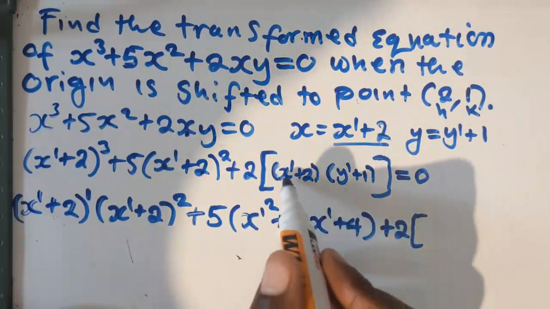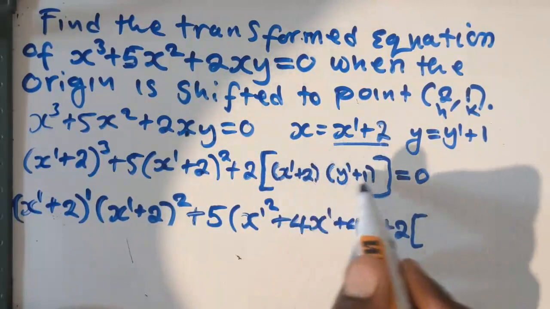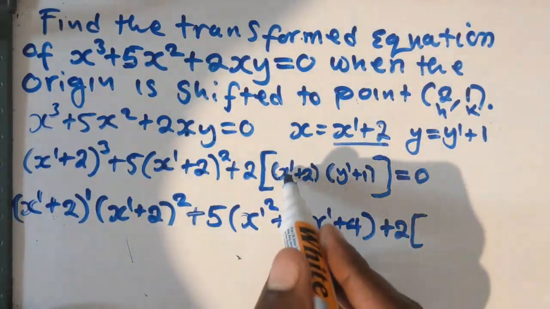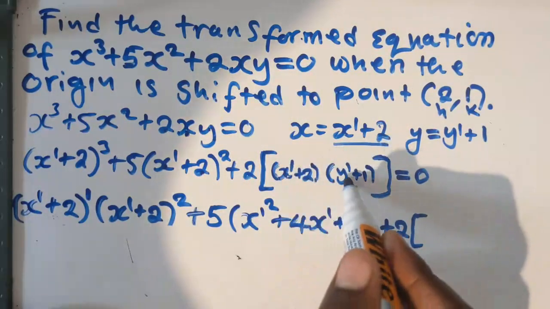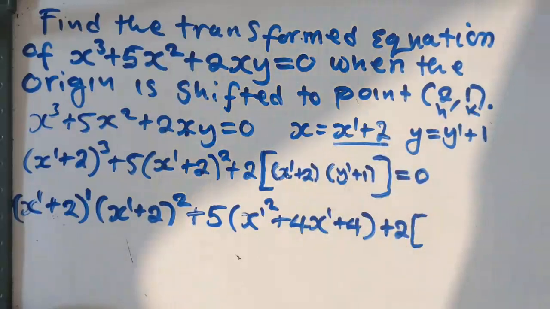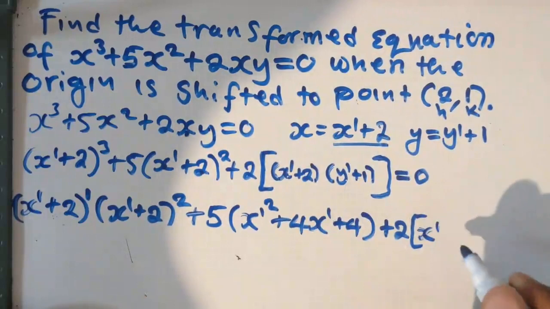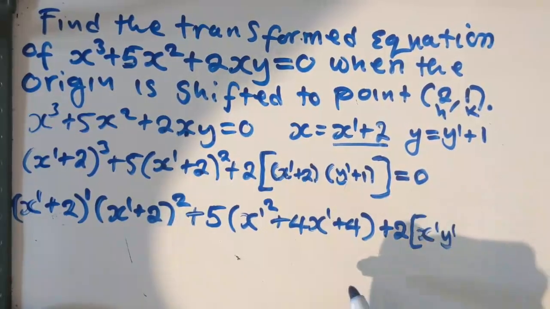So what you're supposed to do is to multiply this to expand these two, okay? So you need to expand these two, meaning that you're going to say x prime times y prime. That is going to give you x prime y prime.